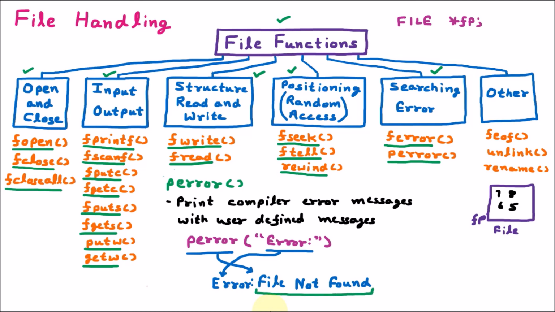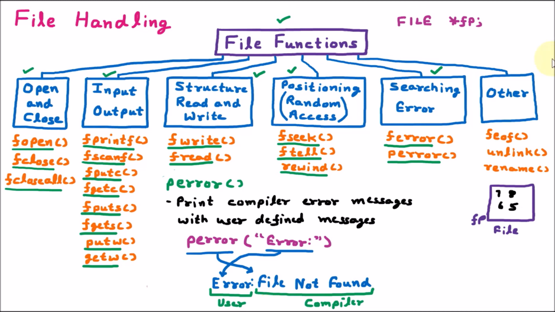Let's say this is the compiler error, means the compiler has given this message that your file is not found. And before that you want to apply, let's say, your own message. So here this is the user defined. So on the screen there will be the message error, file not found completely. So using the perror function, we can take the compiler error and merge it with the user defined message.